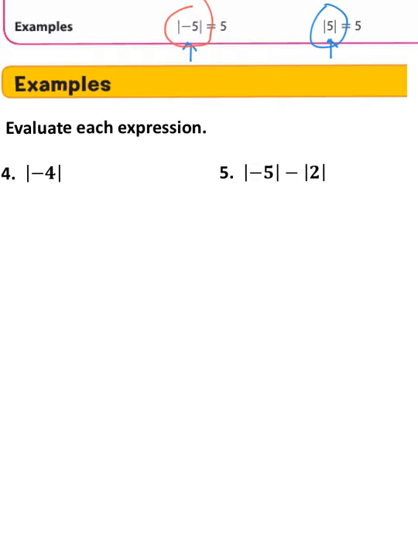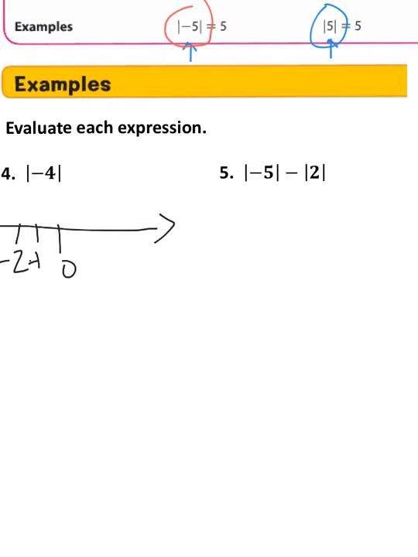Now let's go ahead and take a look at 2 examples. For example number 4, we want to evaluate the expression by figuring out the distance from 0 of the absolute value of negative 4. So I'll draw my number line with 0 as my center, then 1, and negative 1, negative 2, negative 3, negative 4.